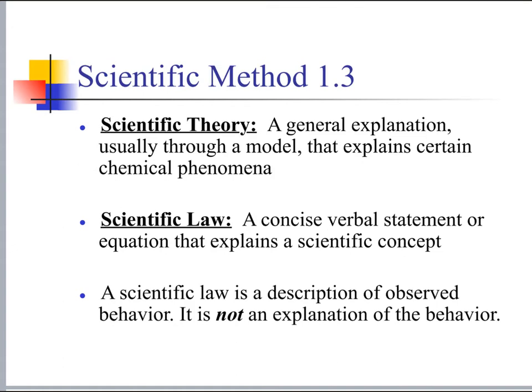Now, what a lot of people want to say is that the scientific theory automatically becomes a law. But a theory explains. It explains certain chemical phenomena or certain physics type things. Einstein, who everyone loves to look at because he's probably the more popular physics person, has theories.